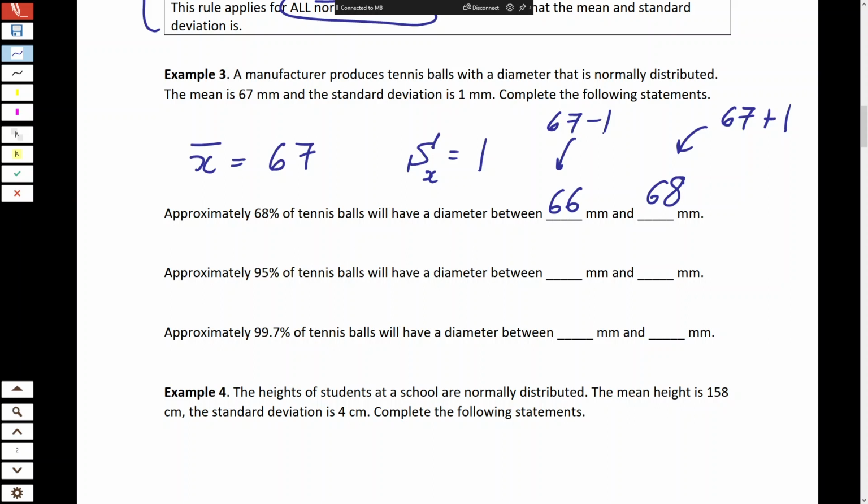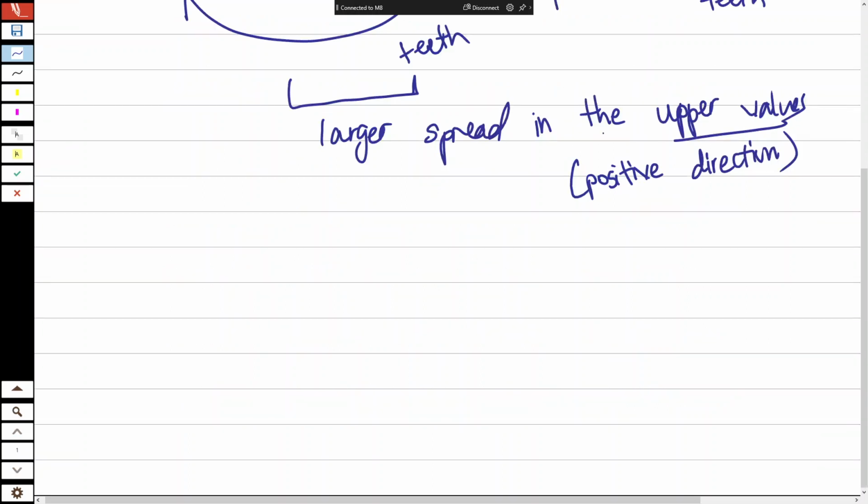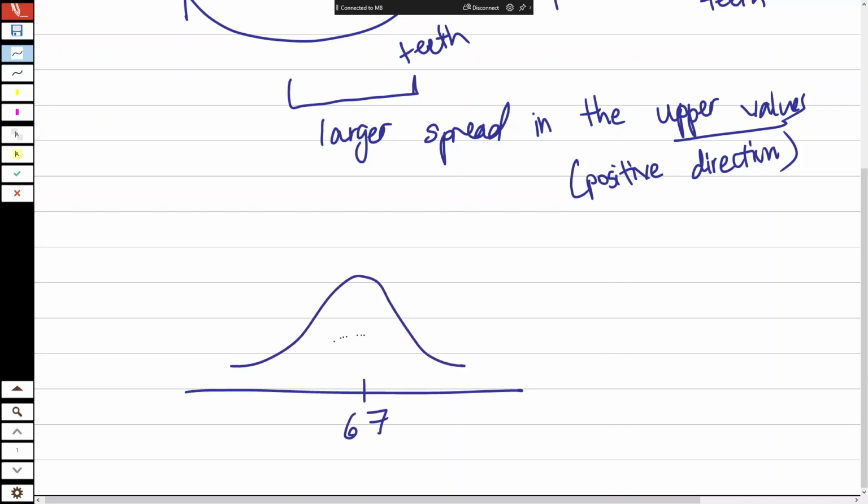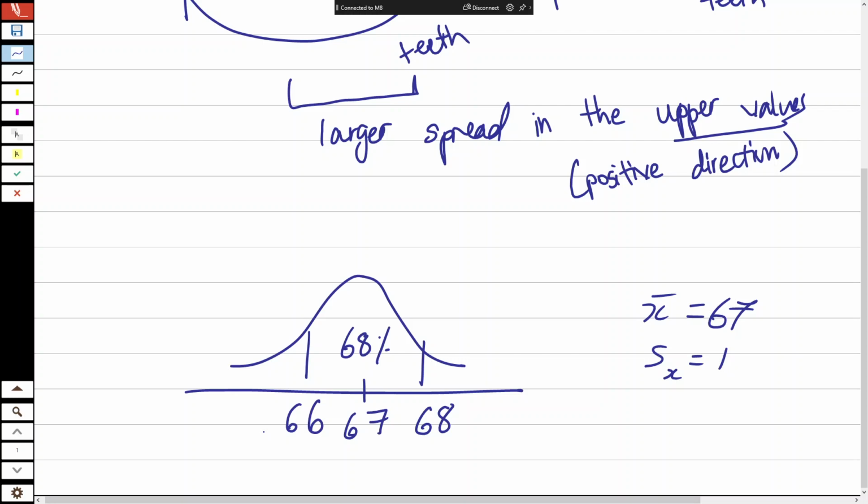So if I go back to this picture here, what Taylor has done is we've got 67 in the middle, and she said to get 68%, we need to add 1 standard deviation and we need to subtract 1 standard deviation. Yes, Tim? So the standard deviation was like 20, we will be adding and taking away 20? Very good. Okay, so it'll be 47 and 87.